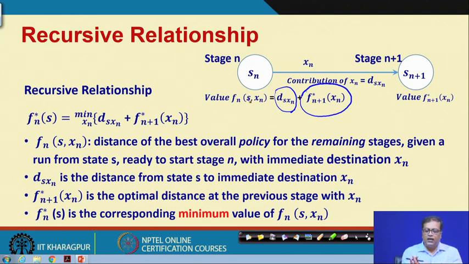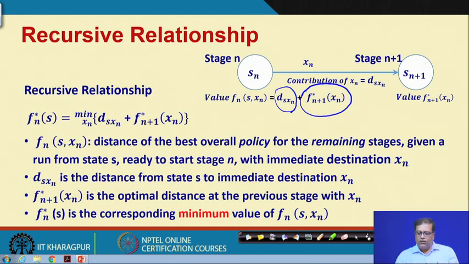And if I have many such values, because depending on the various combinations, the minimum amongst them with regard to x n will give the new optimal value at the next stage. So, that is going to be our recursive relationship, and this recursive relationship we can make use of in our computations. So, let us see how we compute, right.